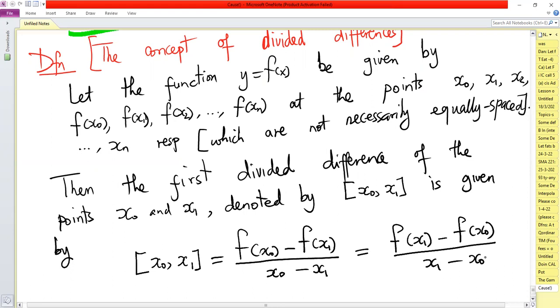So this is how we define the first divided difference of the arguments x0 and x1.